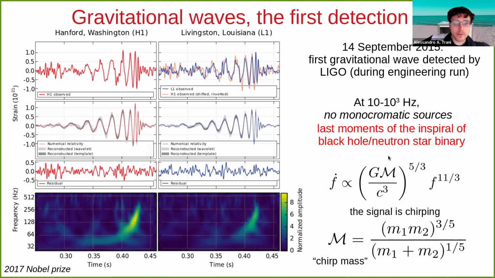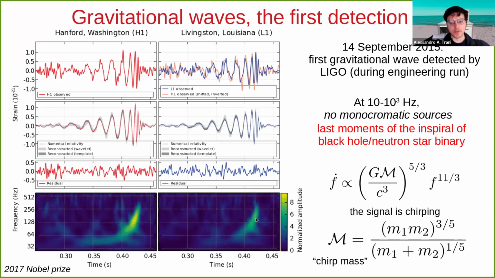This is the first detection of gravitational waves. This is how the signal looks, probably in a reconstructed way. And the first thing that you notice is that the signal is quite short in time. This is a fraction of a second. And the reason why is that at these frequencies, we don't have any monochromatic sources.